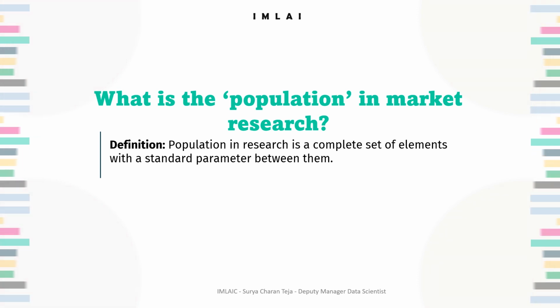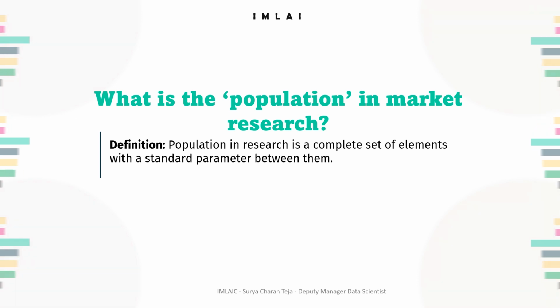So here two things are important. One, the entity, and second, all these entities should possess a characteristic or attribute in common. So then the population can be made out. Okay. So let's take one more example.